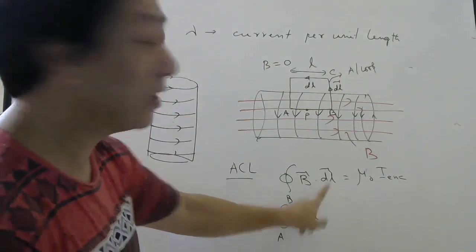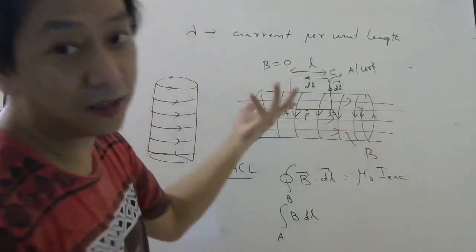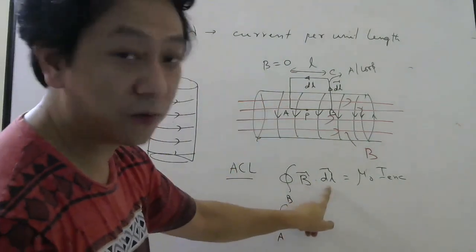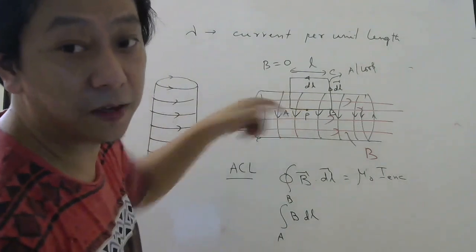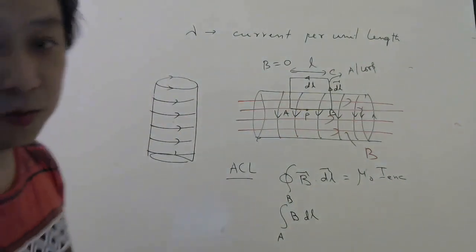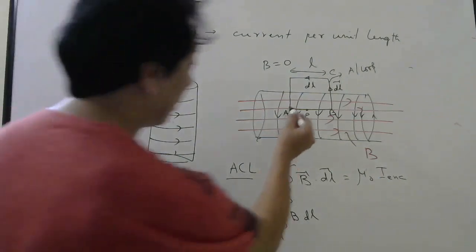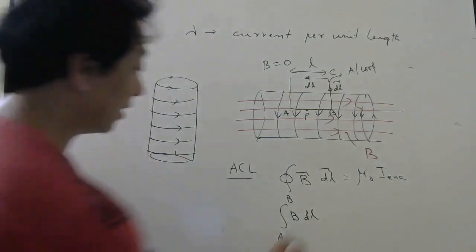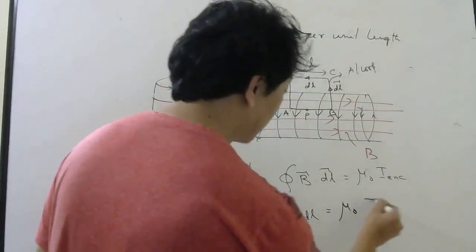Then when I come this way, again the dot product is 0. So which part will contribute to the line integral? Only a to b. This is the left side of Ampere's circuital law. The right side is mu naught times current enclosed.